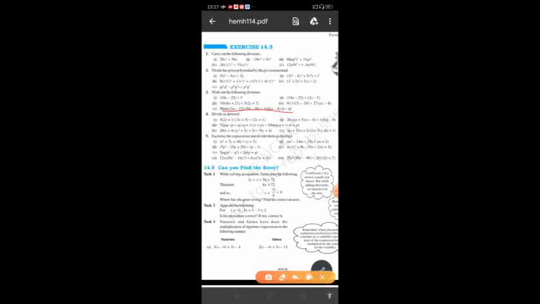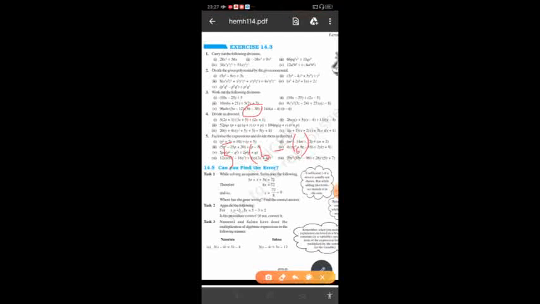So you can see here in the first part 3 is common. If you take 3 common, you obtain a minus 4. In the second part, 5b minus 30, 5 is common between them, so take common 5 and we obtain b minus 6.